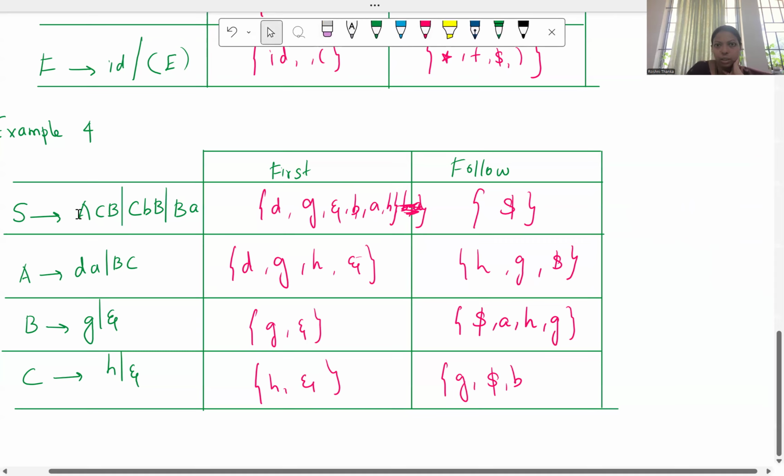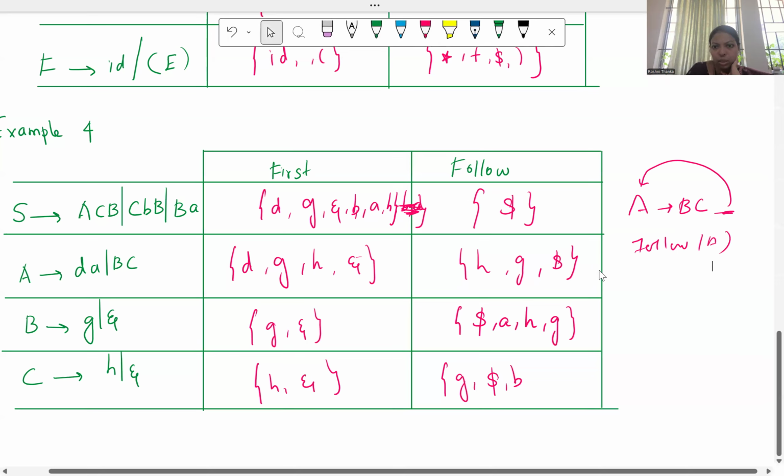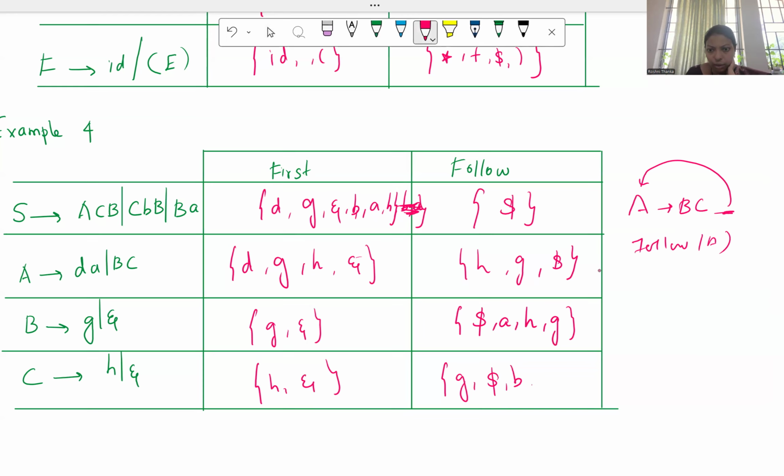It is A derives B C. After C, nothing is coming. If nothing is coming, I have to say the follow of A. What is follow of A? This one, H, G, dollar. So H I have to include. G is already there. Dollar is also there. So I have G, dollar, b, and H.